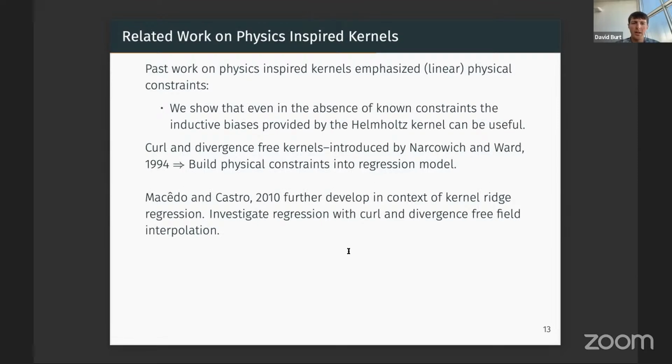That was followed up by work in 2010 by Machado and Castro, looking at kernel ridge regression and investigating identifying curl and divergence-free fields. They also considered some linear combinations of the two, which starts to look pretty similar to what we're doing. But they don't really investigate how to balance the trade-off between the curl and divergence-free components in the Helmholtz decomposition, which is one of the main focuses of our work.